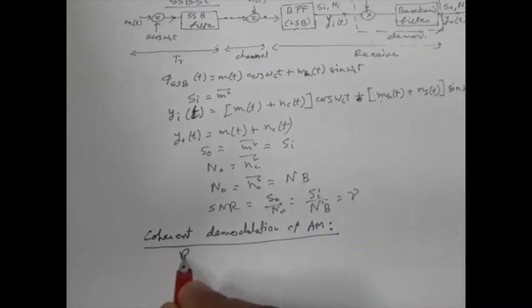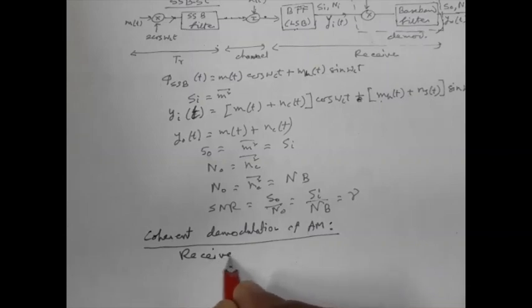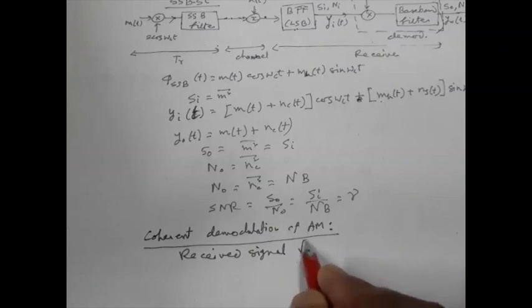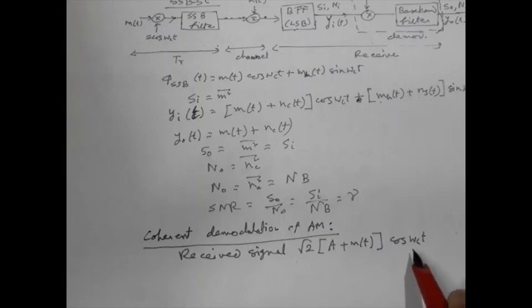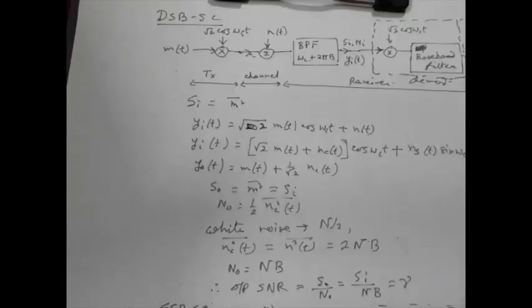In this case, the received signal is √2 (A + m(t)) cos ω_c t, and at the receiver we will multiply this signal by √2 cos ω_c t.